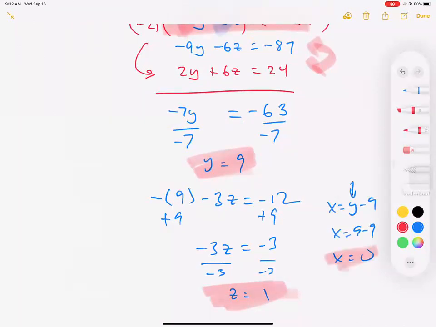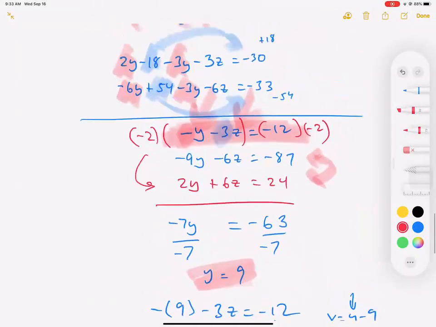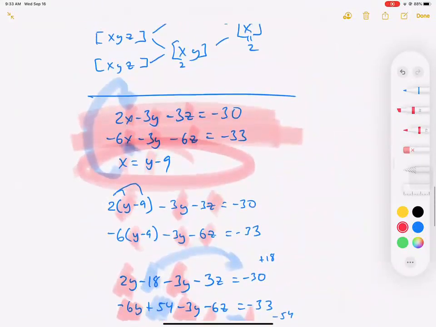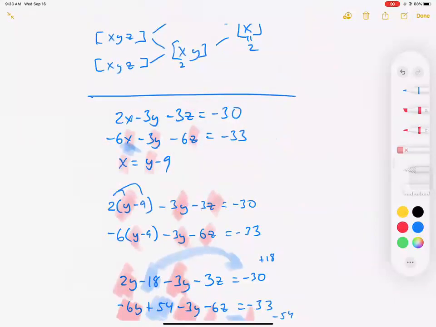So if I did everything correctly, these three values, x, y, and z, will be the same solution for all three initial problems. Our starting values, let me go clean this up a little bit. When we started the problem, we were given x, y, and z.